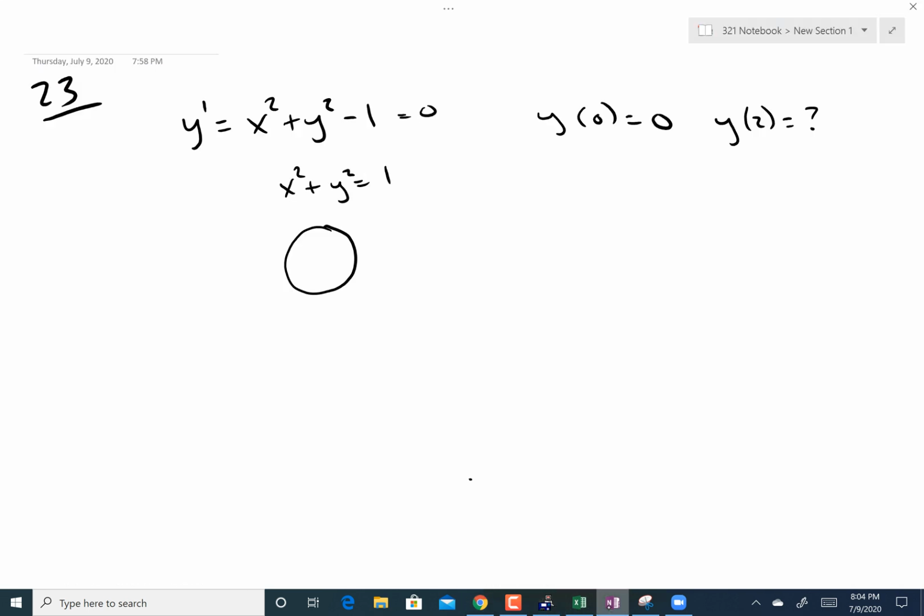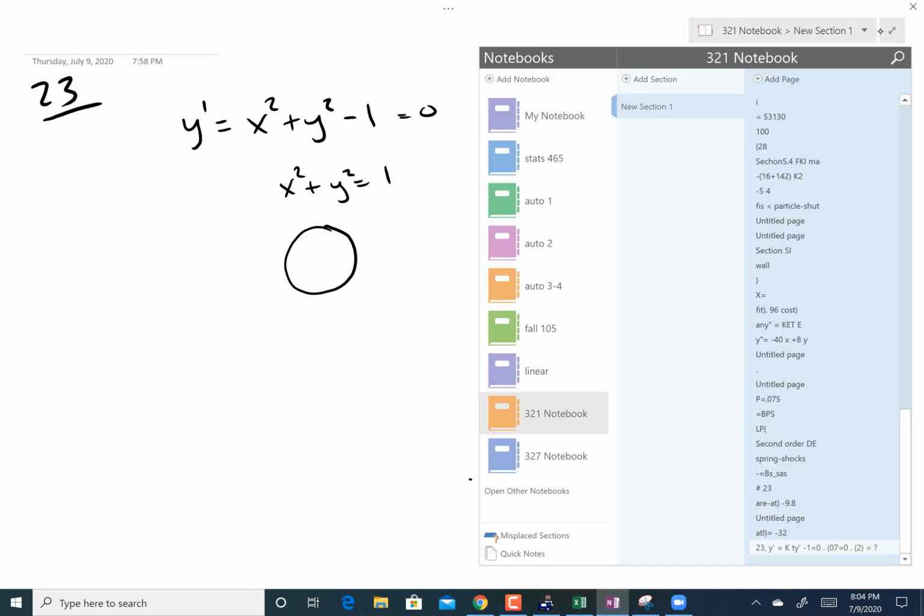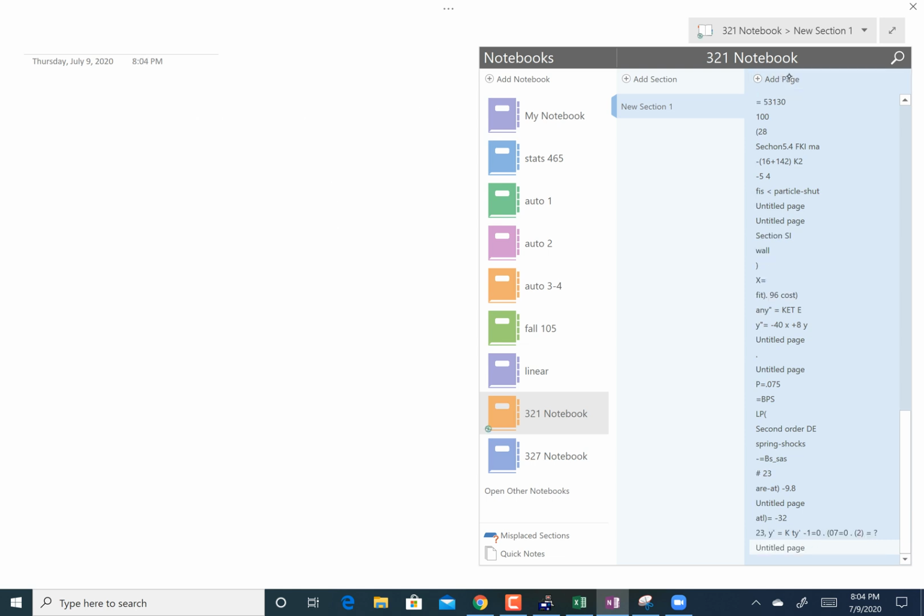So 2.4 also was one that you wanted to look at. Number 25. So 2.4, 25 is maybe right here. Yep.